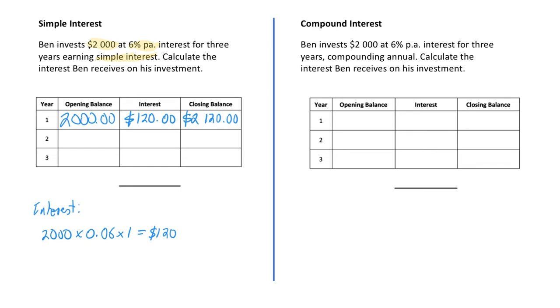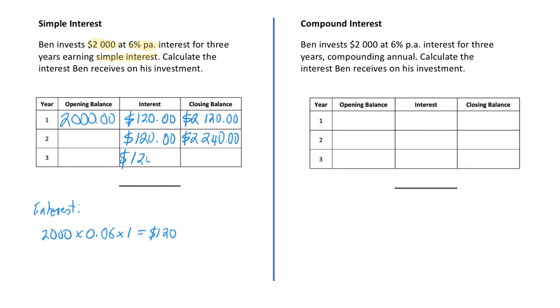For year 2, that interest is not going to change, because under simple interest, the principal does not change. So Ben is going to earn another $120 in year 2. So at the end of year 2, his balance will be $2,240. And then in the third year, his principal still isn't changing. It's still going to be that $2,000. So the interest calculation isn't going to change.